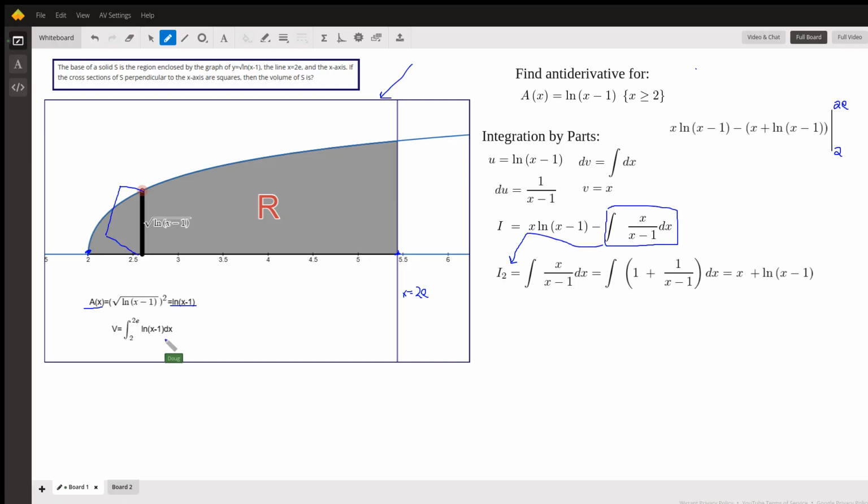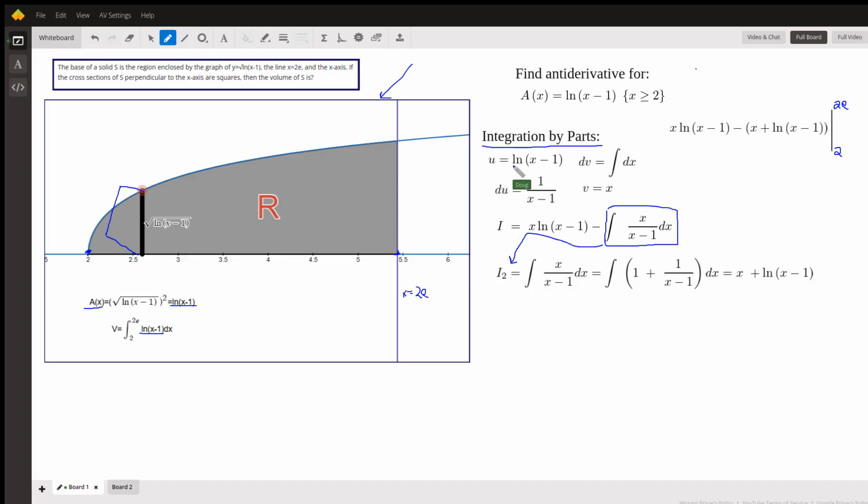So the problem boils down to we need to find an antiderivative of ln of x minus 1 where x is greater than or equal to 2, and actually it's also less than or equal to 2e. To do that, you probably want to use integration by parts.